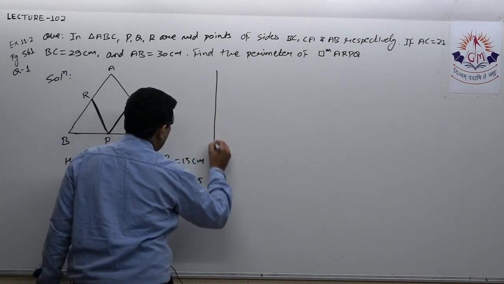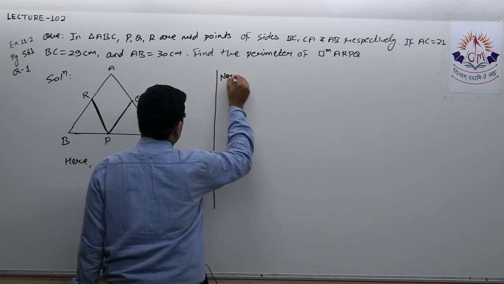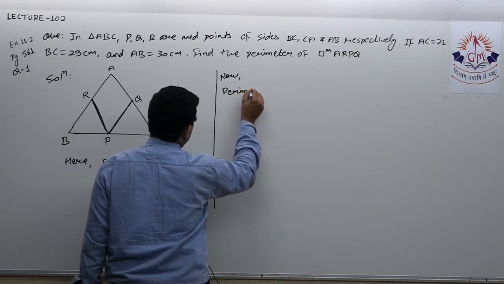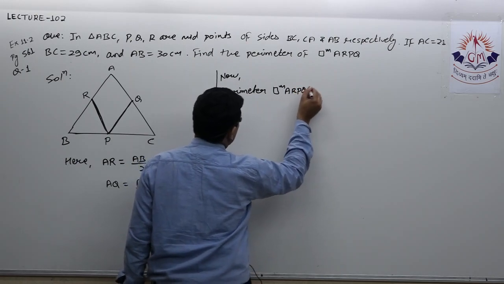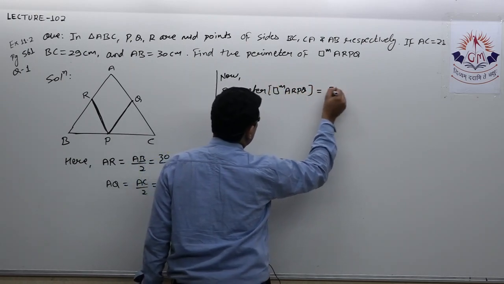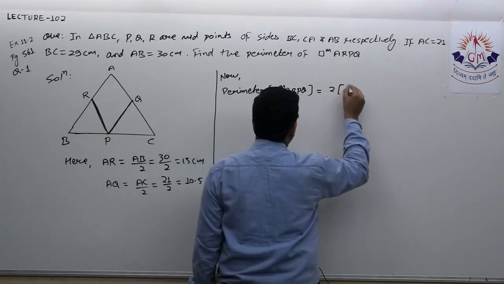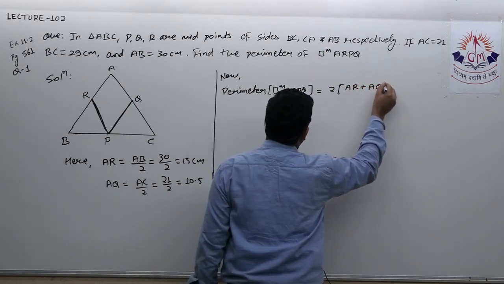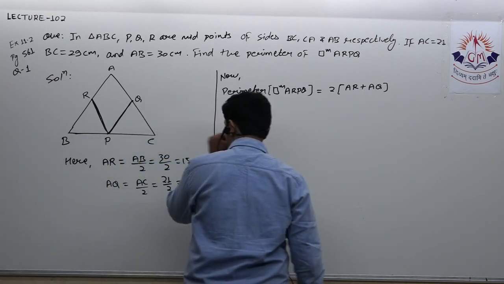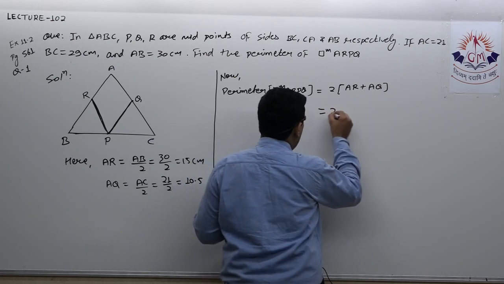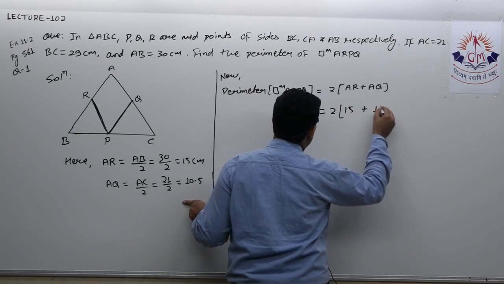Now the perimeter of parallelogram ARPQ is equal to twice of AR plus AQ. The perimeter of a parallelogram is twice the sum of adjacent sides. Here we have AR is equal to 15 and AQ is 10.5.